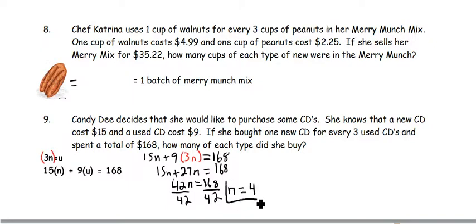So the number of new CDs is 4. Well, the number of used CDs is 3 times the number of new ones. So I can put in here 3 times 4 equals the used, and that's 12. And there you go.